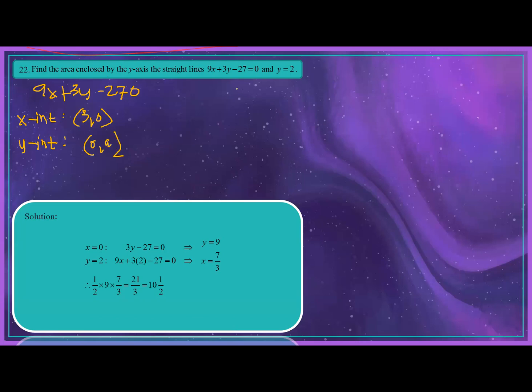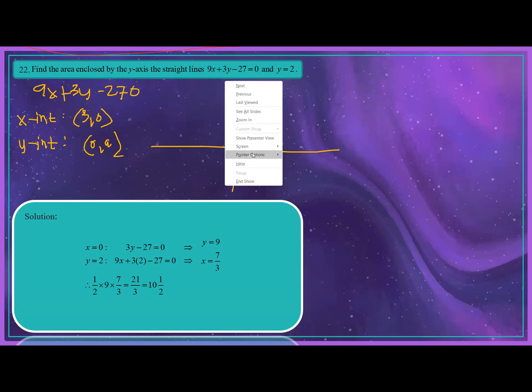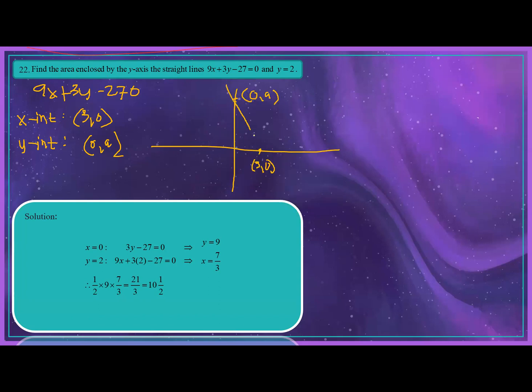If we graph that, this is our (0, 9) and this is our (3, 0), so our line is like this.